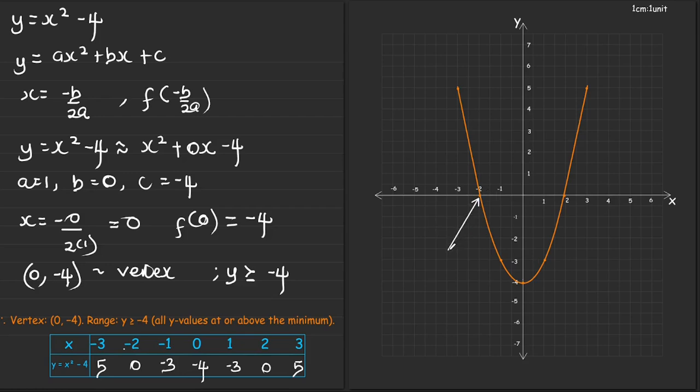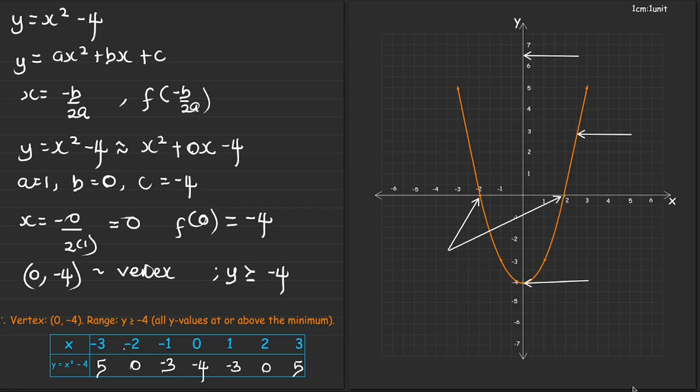So this point and then this as well. Then we have this point being our minimum value, the minimum value. And for this particular one, the y-axis is actually our axis of symmetry. And it is also called the line x equals 0. And then this is our function.